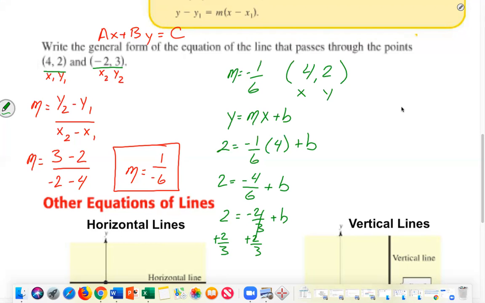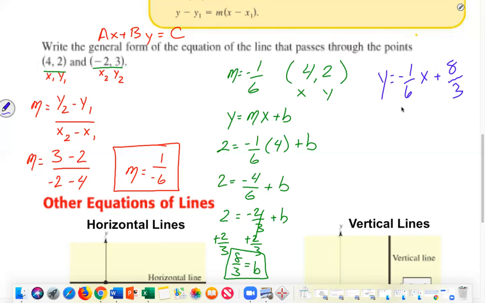And I got b equals 2 2/3, which is 8/3. Now, from here, I write the equation of my line. Y equals negative 1/6 x plus 8/3.